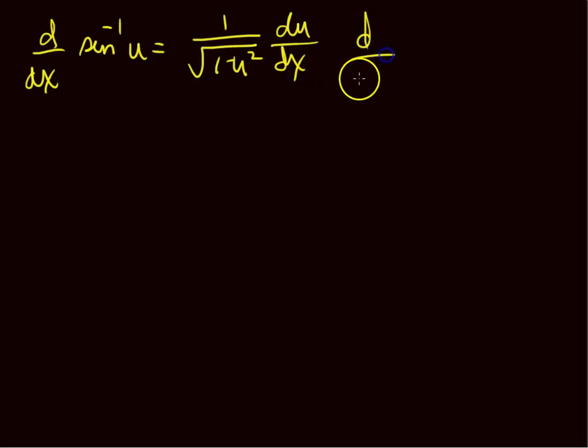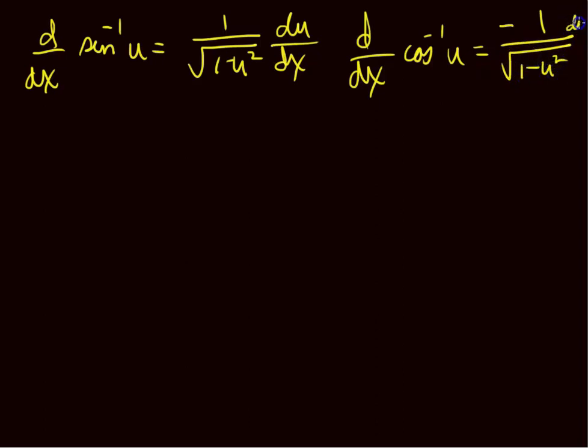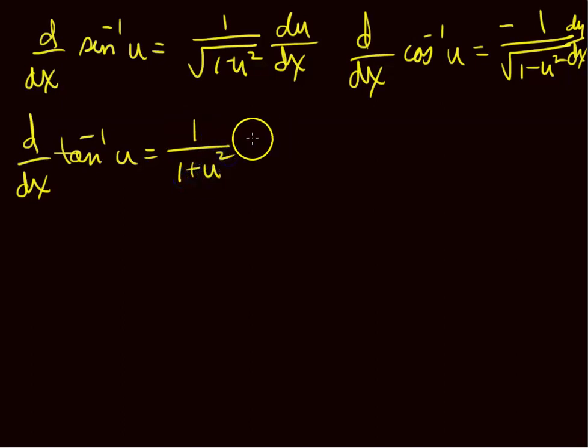The derivative with respect to x of the inverse cosine of u is a -1 over the square root of 1 minus u squared, du dx. That's a u up here. The derivative with respect to x of the inverse tangent of u is 1 over 1 plus u squared du dx.